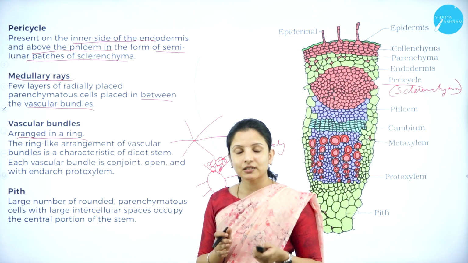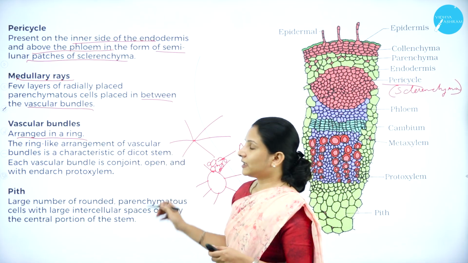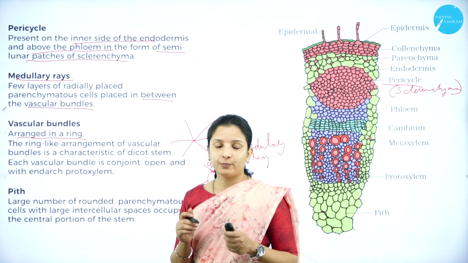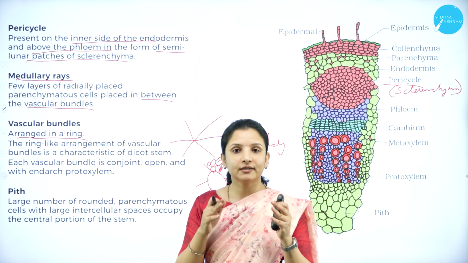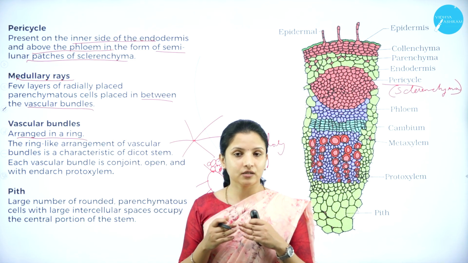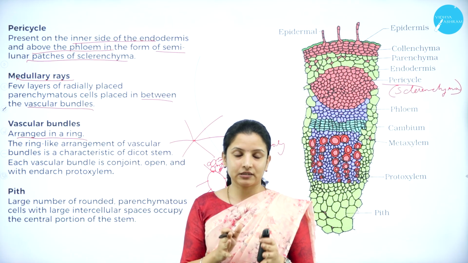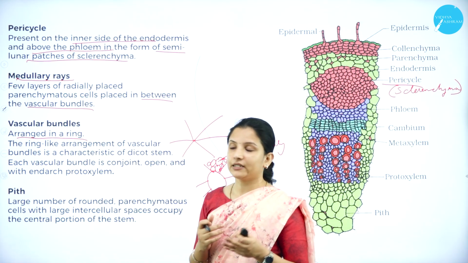So one of the characteristic features of a dicot stem is the ring-like arrangement of the vascular bundles, which is only found in dicotyledonous species. It is not found anywhere in monocotyledonous species. So this is one of the distinguishing characters which is easy for identification.